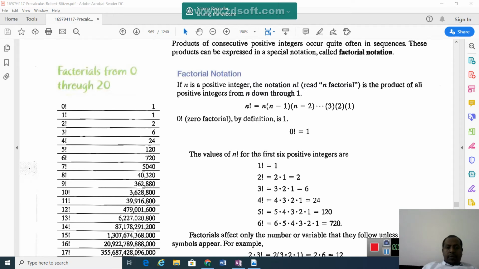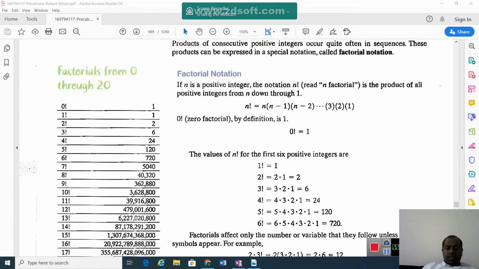If n is a positive integer, then n factorial is the product of all positive integers from n down through 1. One thing that you need to know is that 0 factorial is equal to 1. This is a very important point.